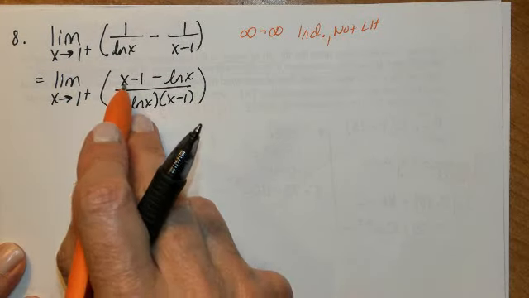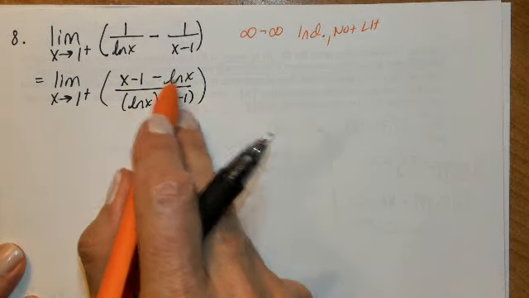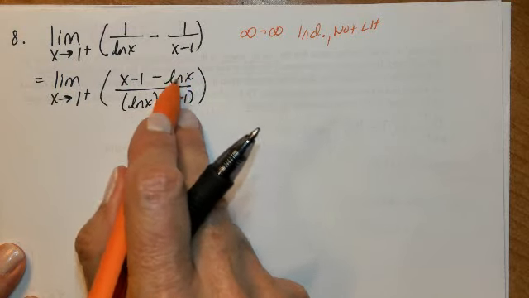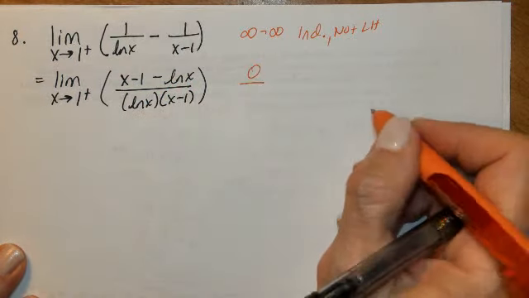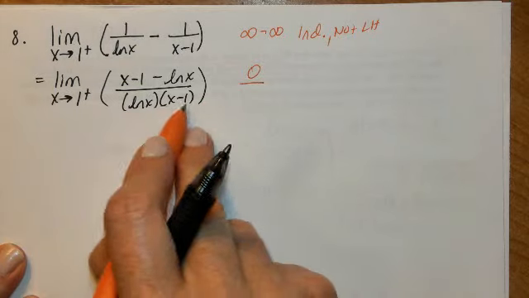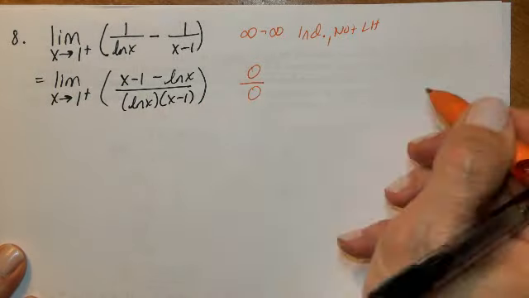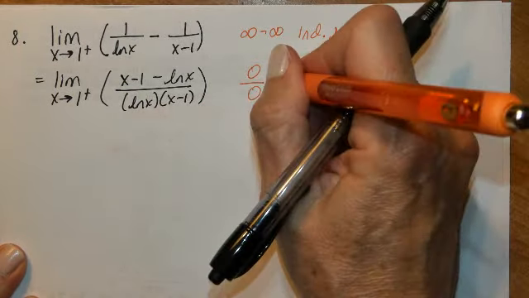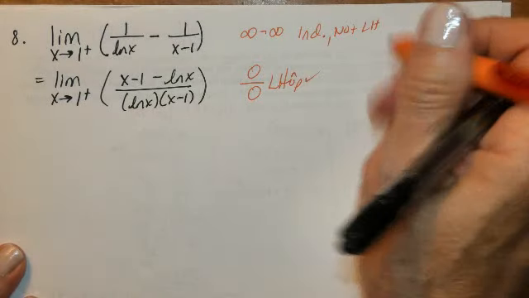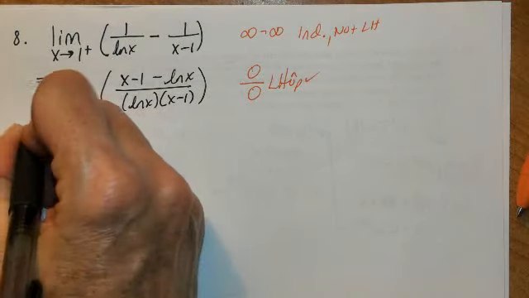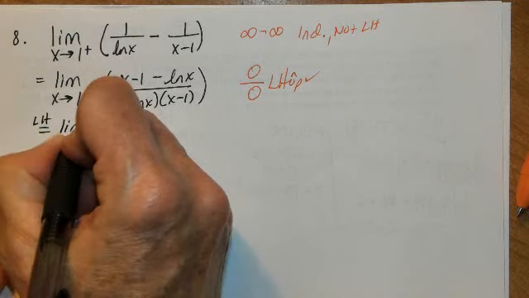This is going to be 1 minus 1 is 0 minus 0, so 0 on top. 0 times 0 is 0. So now it's indeterminate and it's L'Hopital's indeterminate form. So now we get to apply L'Hopital's carefully.